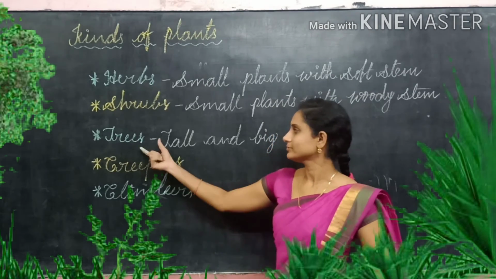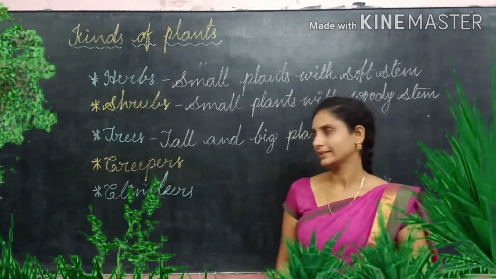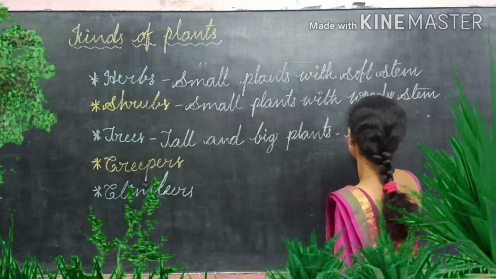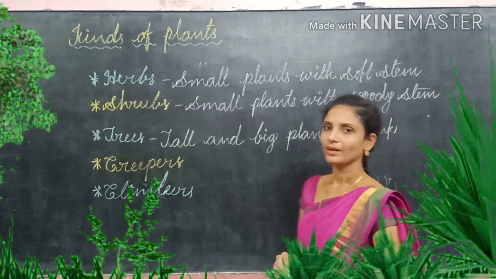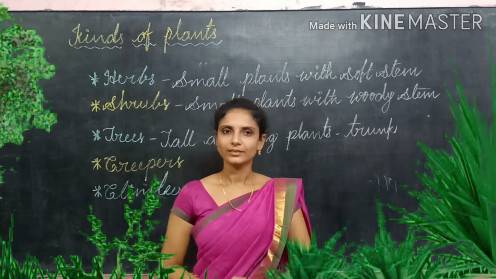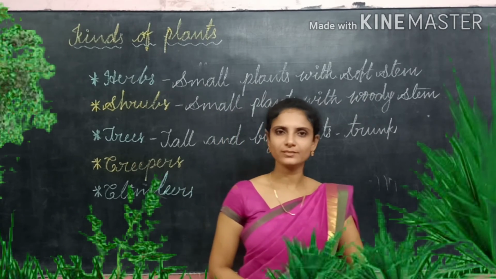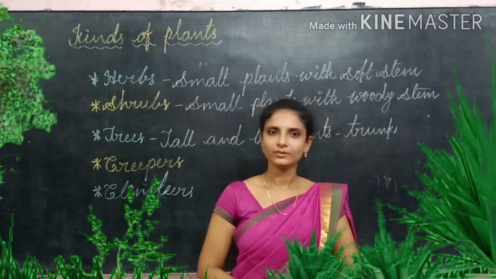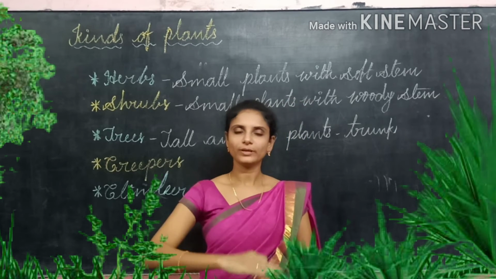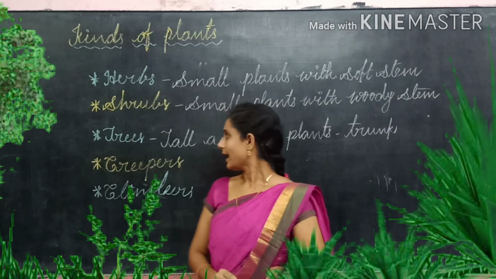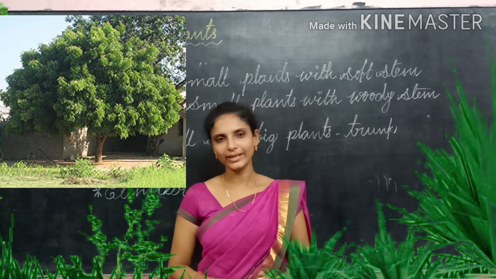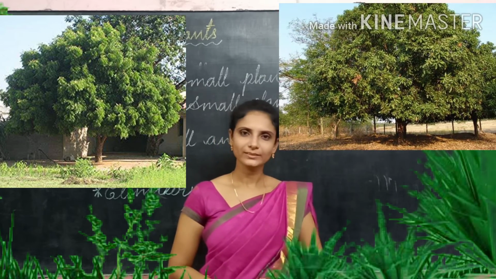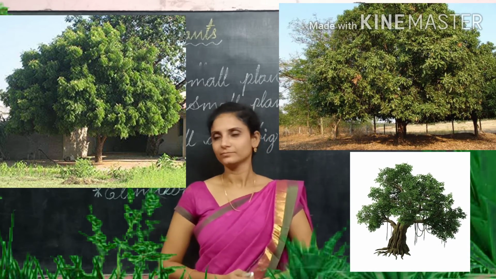The stem of the tree is called the trunk. And trees bear woody branches, stems and leaves at some distance from the ground. What are the examples of these trees? Neem tree, mango tree and banyan.